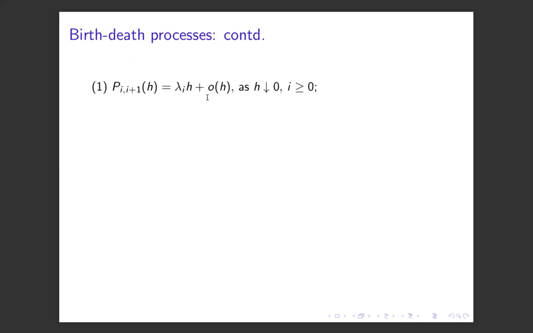That is, whatever remains here goes to 0 faster than h, in the sense that o(h) divided by h goes to 0 as h goes to 0. You have seen this notation earlier, small o(h). And of course, the rate, the infinitesimal rate, can depend on i.